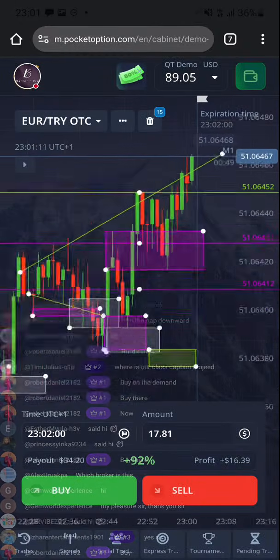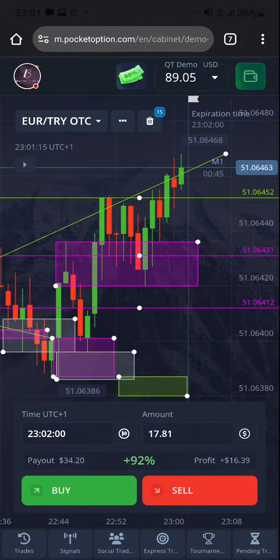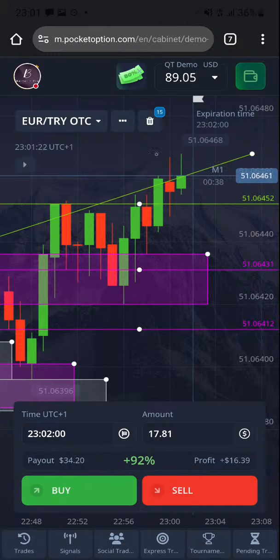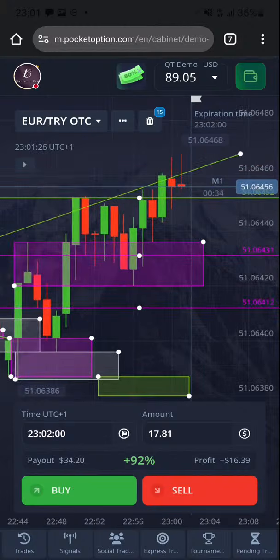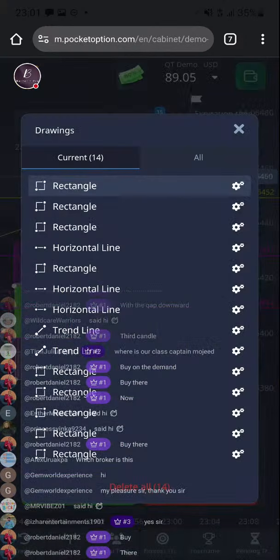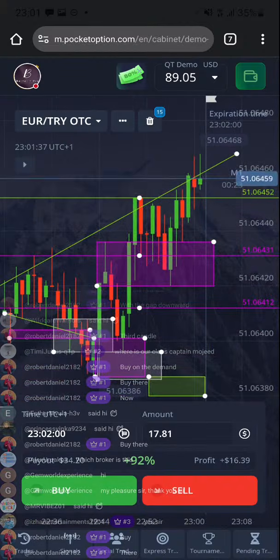I'll need more confirmation before I can take a buy here. All this area is still sellers area, and the sellers can break this. They can push to the downside anytime. So we just need to wait.